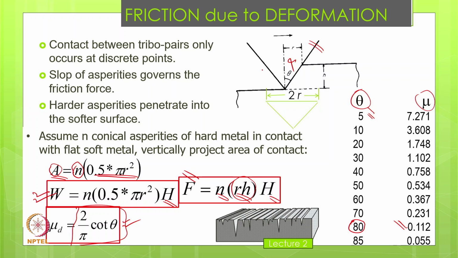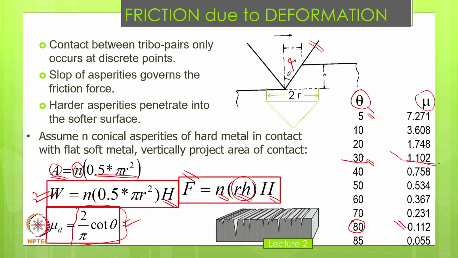However, if theta is more like 30 degrees, naturally the coefficient of friction is on the higher side. From their point of view, k has to be lesser than 1, and we rejected half angle as lesser than 60 degrees. Same thing in this case. So this gives justification for what the coefficient of friction will be because of asperities. However, as I say, this is a hypothetical example. We are trying to understand how the results will change during running condition.